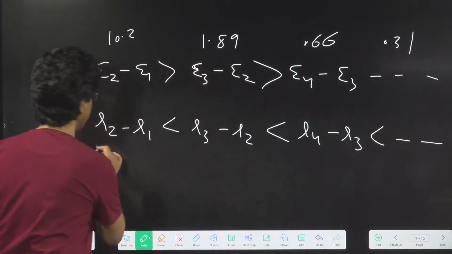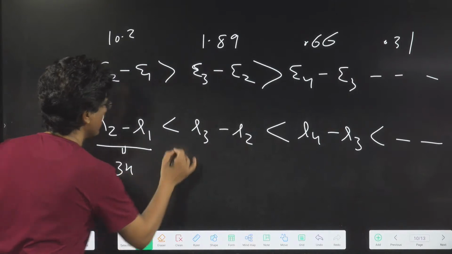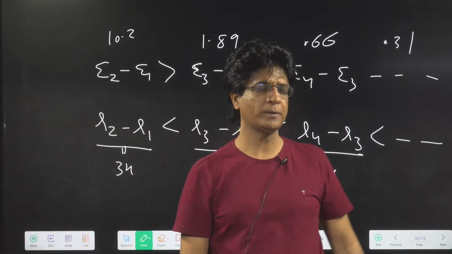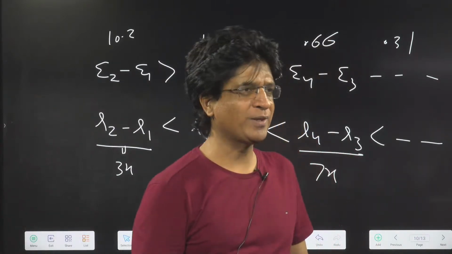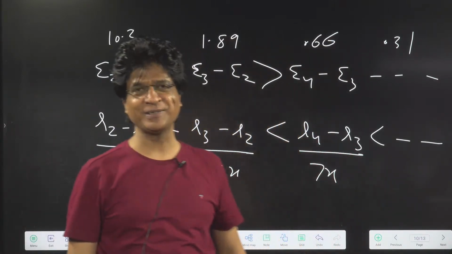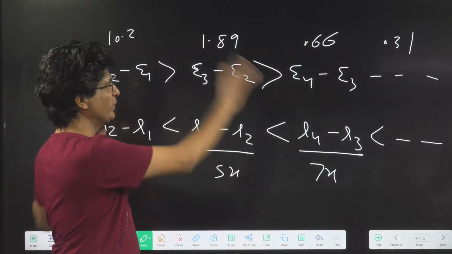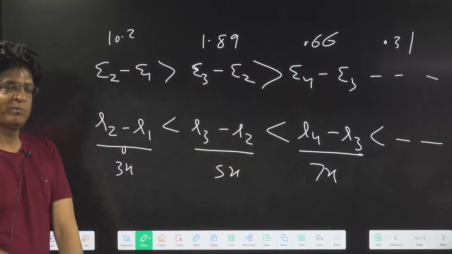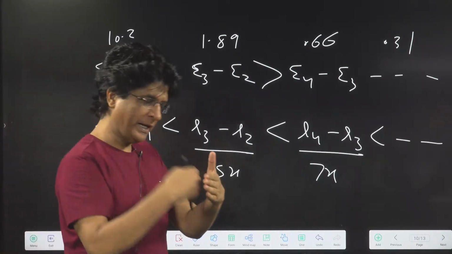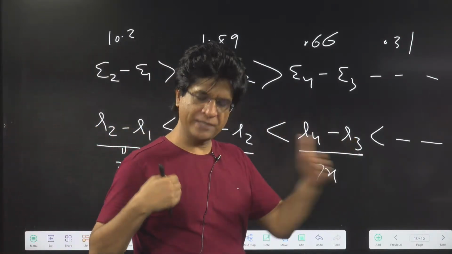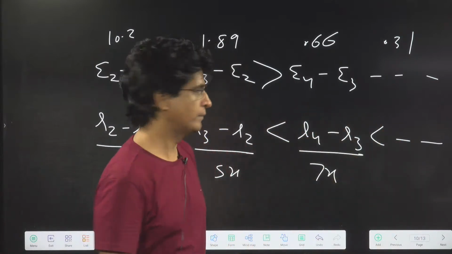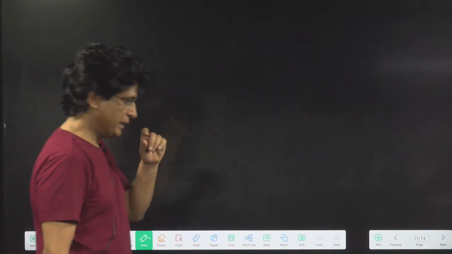And the radius gaps were 3x, 5x, 7x. Please keep revising that stuff, otherwise whatever we are doing will get lost. The radius gaps keep on increasing, energy gaps keep on decreasing. Okay, very good.